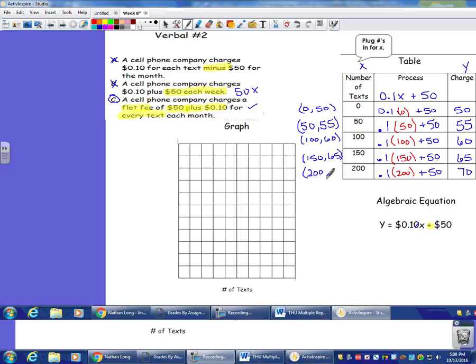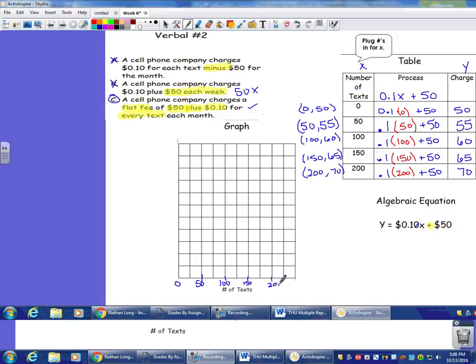So now down here I need to label my chart. So number of texts I'm going to label as 0, and I'm going to go by 50. And I'm going to skip a space in between every. So this is going to be 100. This one goes here. So this would be 150, and this would be 200.